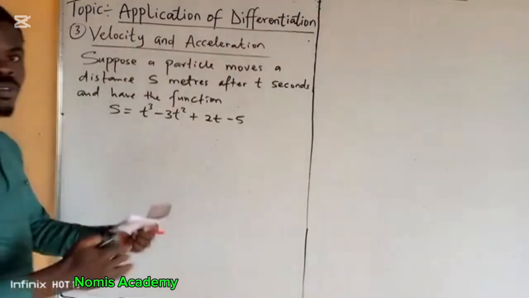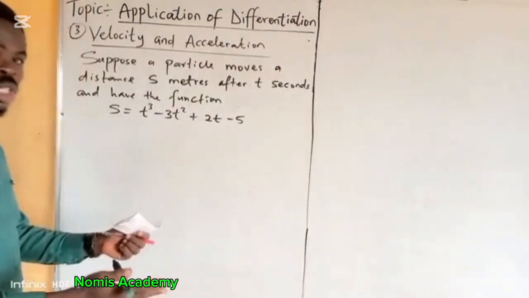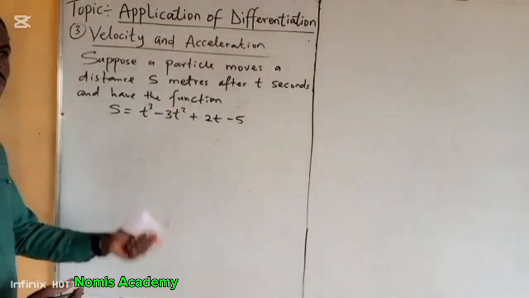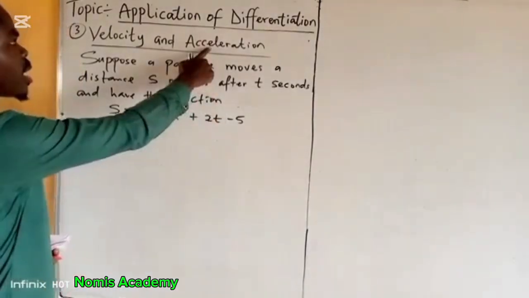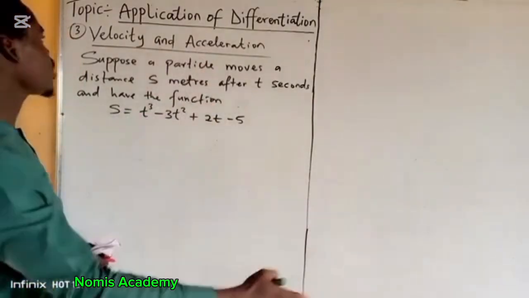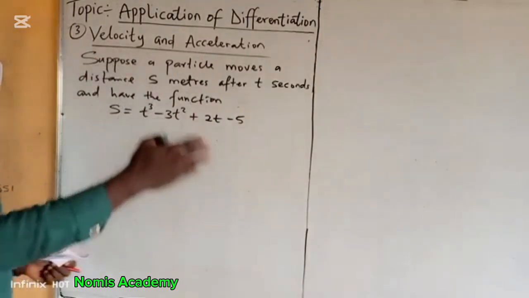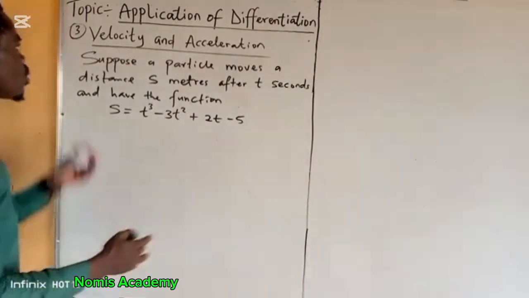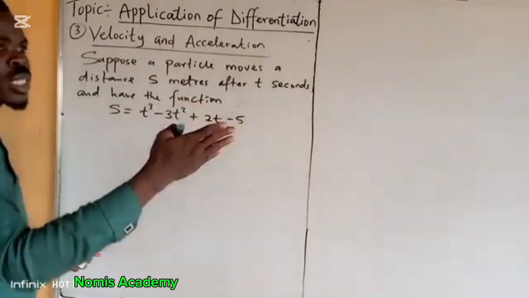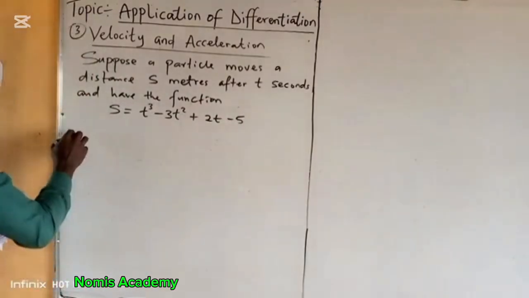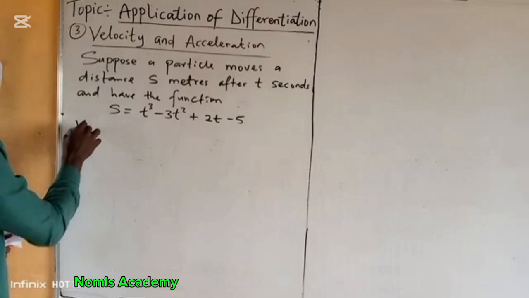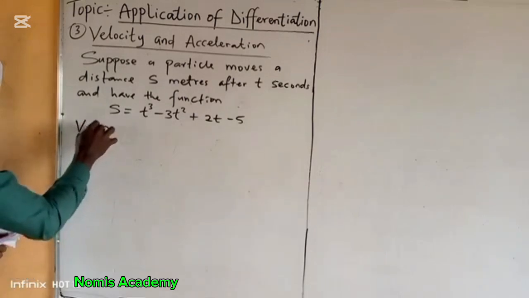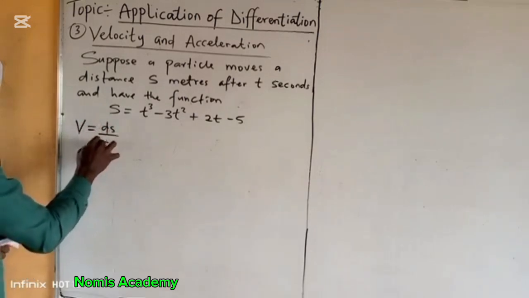Velocity is the rate of change of the motion of an object, while acceleration is the rate of change of velocity with time taken. Now, velocity v can be ds over dt.